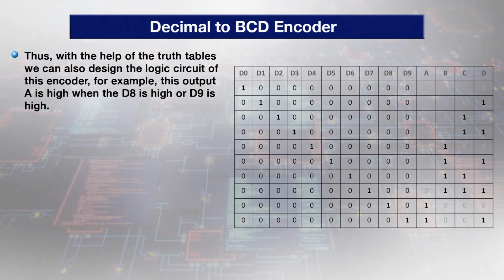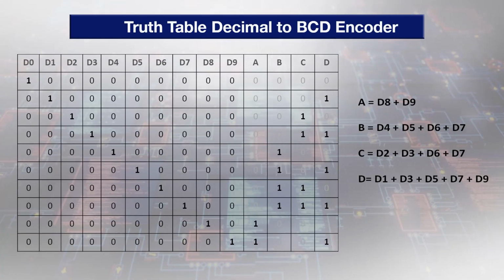For example, this output A is high when D8 is high or D9 is high. That means the logical expression for this output A is equal to D8 plus D9. Likewise, this B output is high when D4 is high, or D5 is high, or D6 is high, or D7 is high.